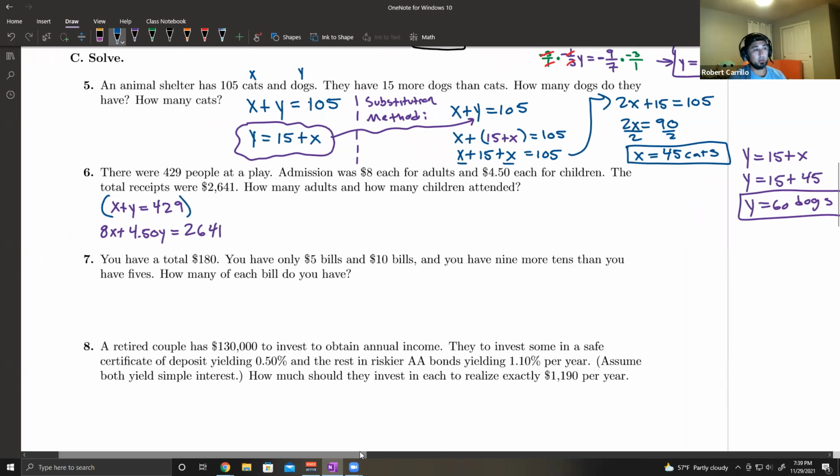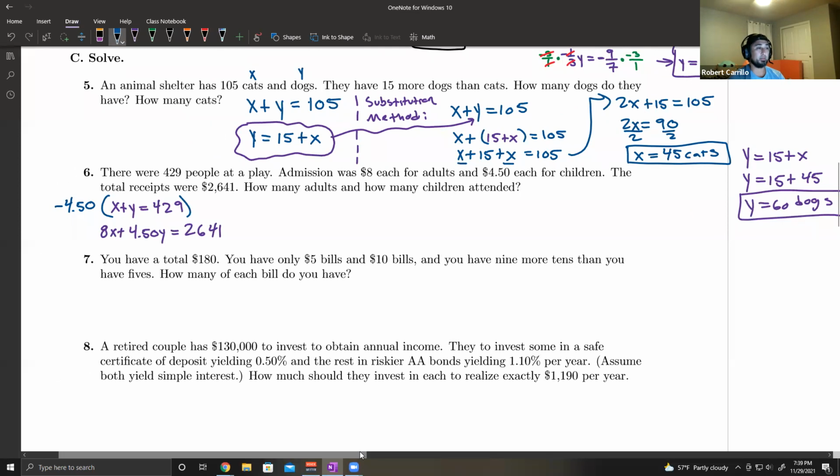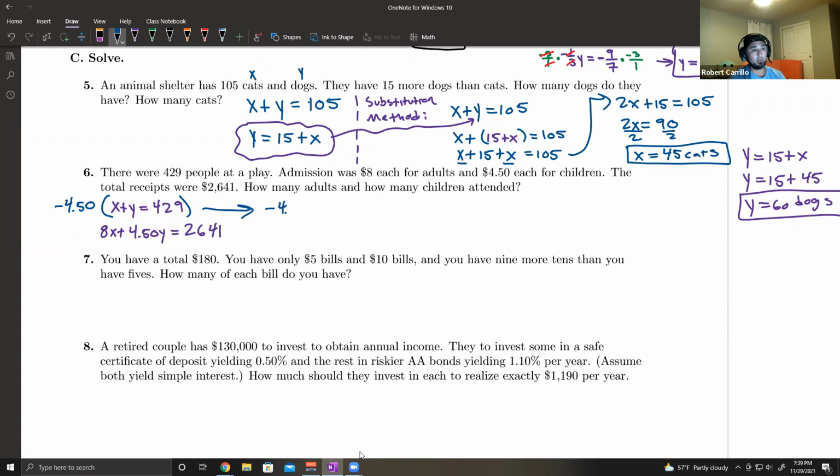So we'll say negative 4.50 times all of that. So this ends up becoming negative 4.50x minus 4.50y equal to negative, and 429 times 4.50 is 1930.5.